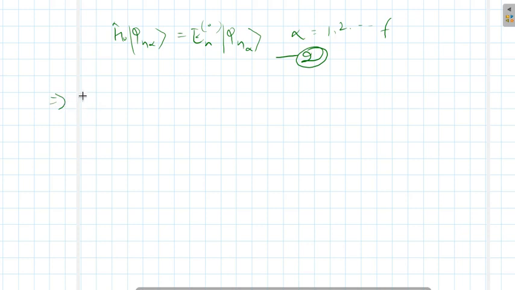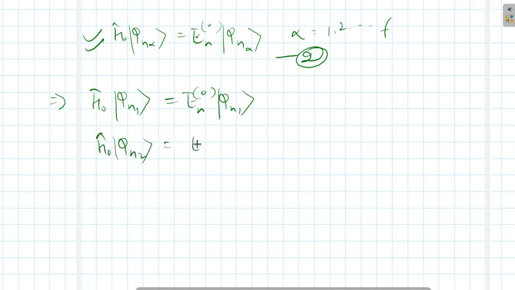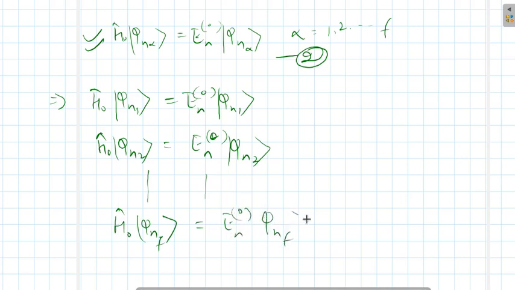This equation is equivalent to H naught phi n 1 equal to E n naught phi n 1, H naught phi n 2 equal to E n naught phi n 2, and so on, up to H naught phi n f equal to E n naught phi n f, right?